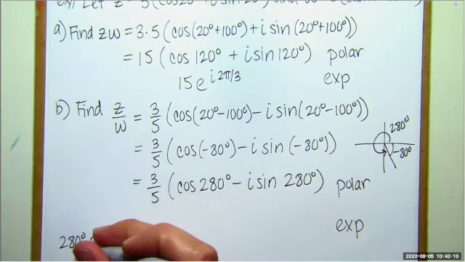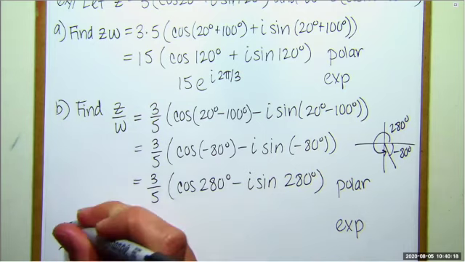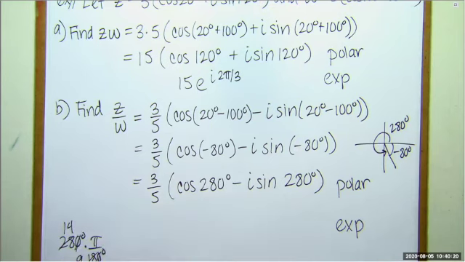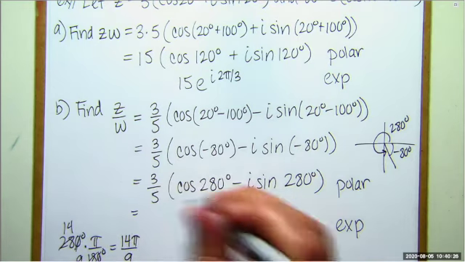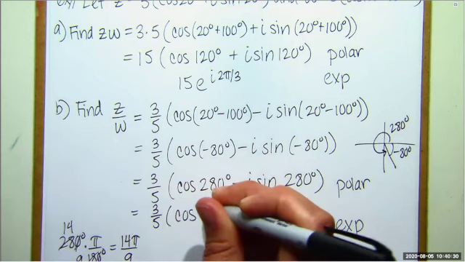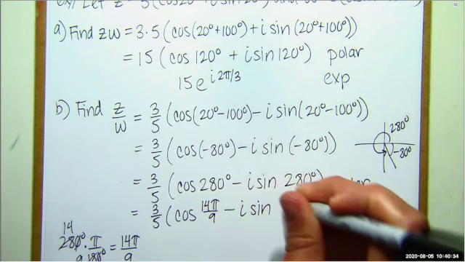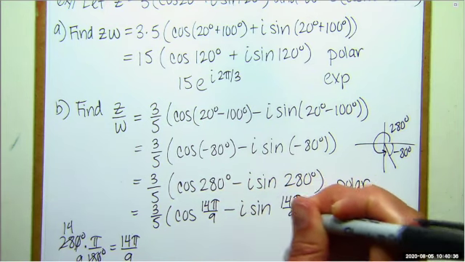Okay, the first thing I noticed here is these both have a factor of 10, so we'll cancel it out. And then I need to reduce 28 over 18. So 2 goes into 28 14 times, and 2 goes into 18 9 times. So I got 14 pi over 9. Okay, so if we were asked to put this in radians, it would be 3/5 cosine of 14 pi over 9 minus I sine of 14 pi over 9.